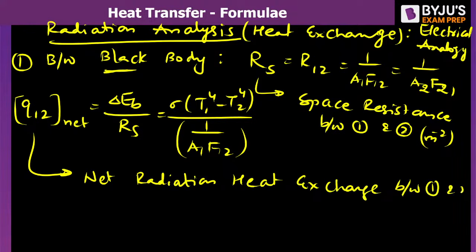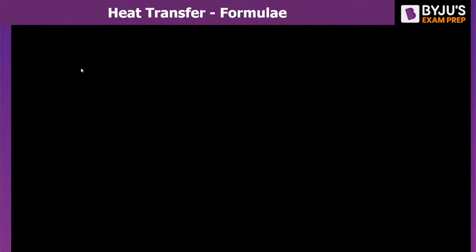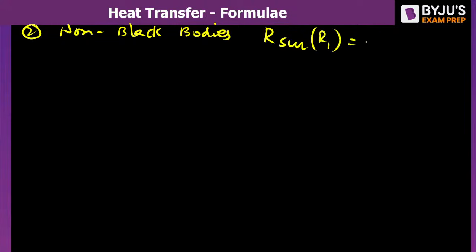For non-black bodies, there is one more resistance defined. There is a term called surface resistance, R1 is equal to 1 minus epsilon 1 upon epsilon 1 A1.